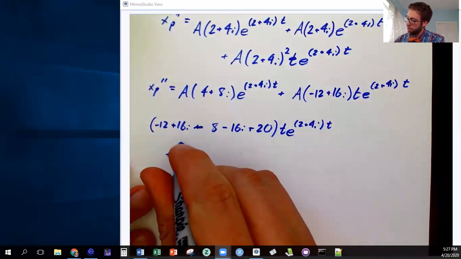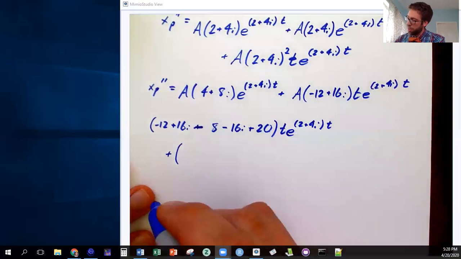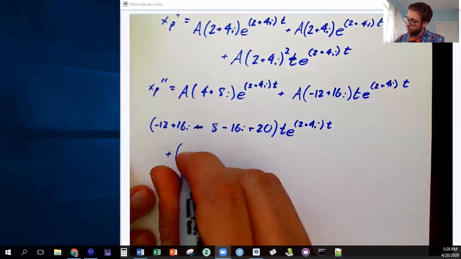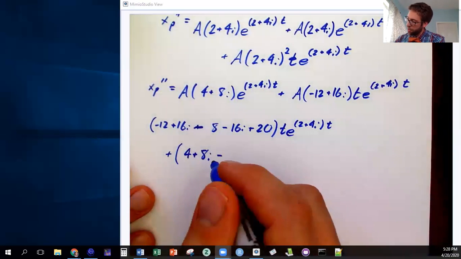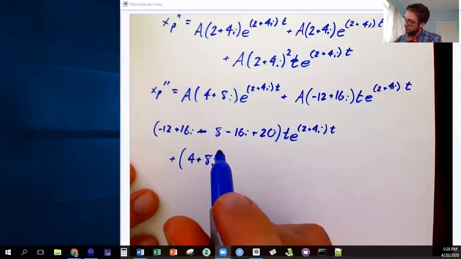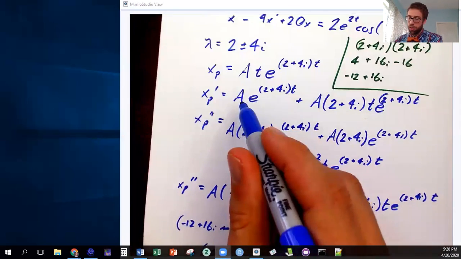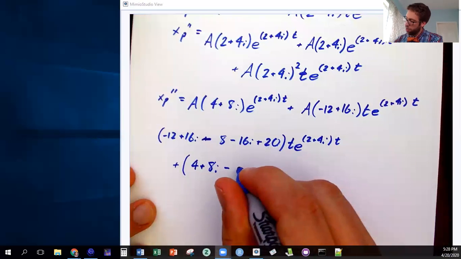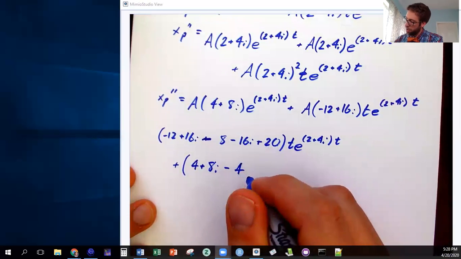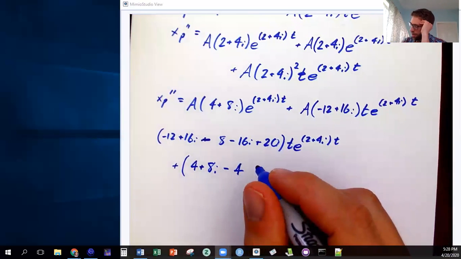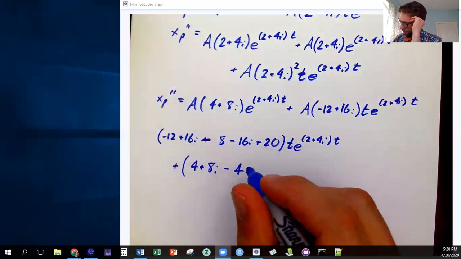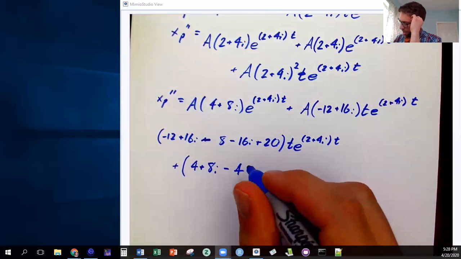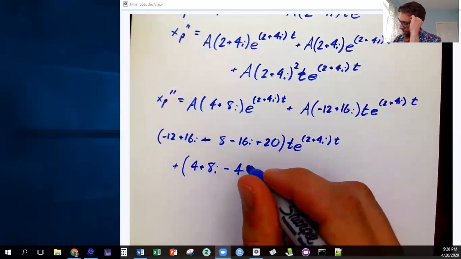Plus, now let's count the terms without the t. 4 plus 8i minus 4 times this term, so minus 4 times 1, and then plus 0, because there's no term without t with just x.